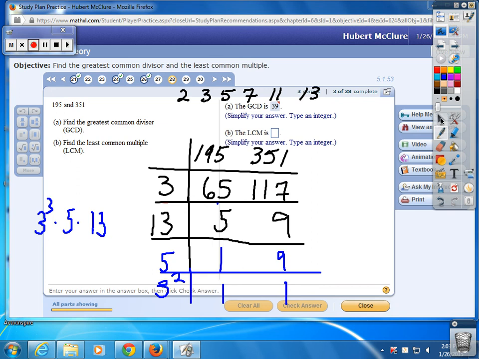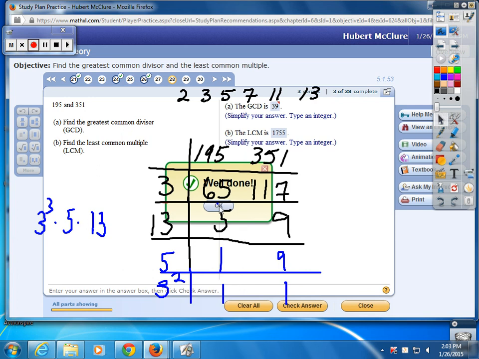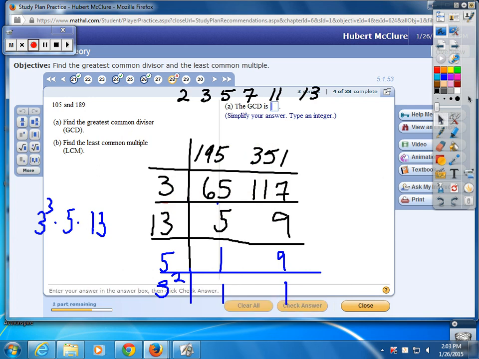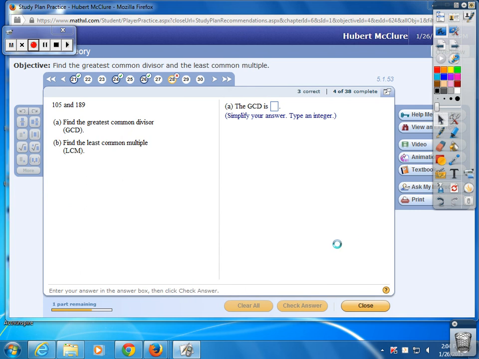And somebody multiply that out for us. Say again. That good? Well, since we got that one wrong, let's do it again. Make you feel good about yourself. 105 and 189.